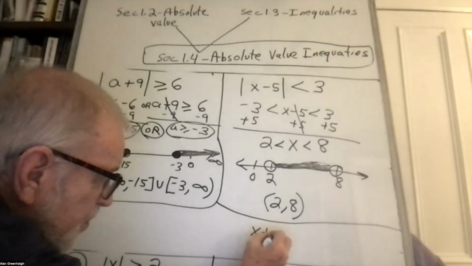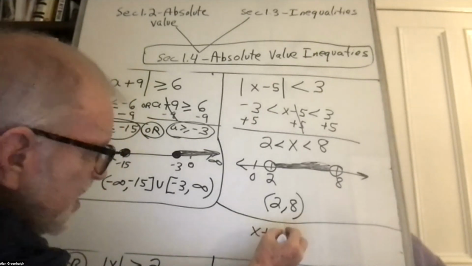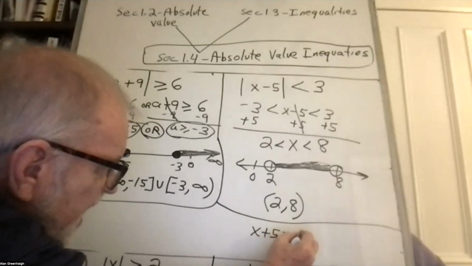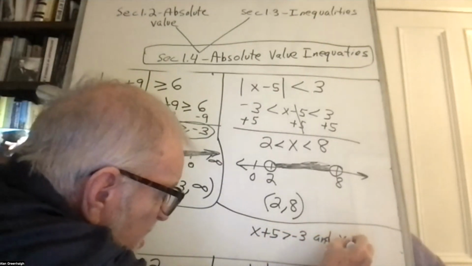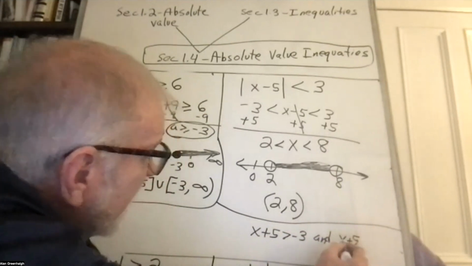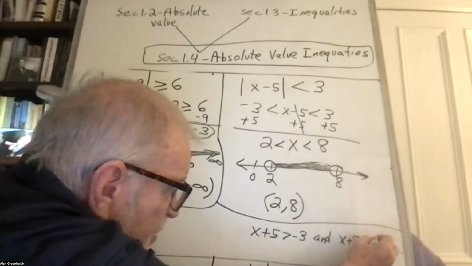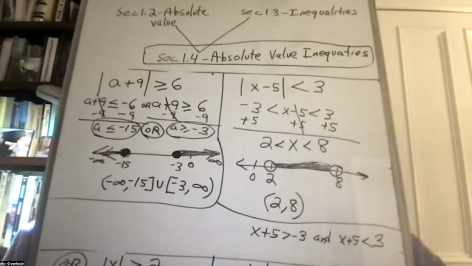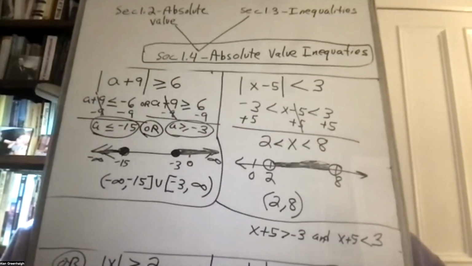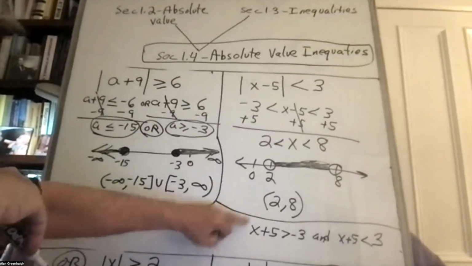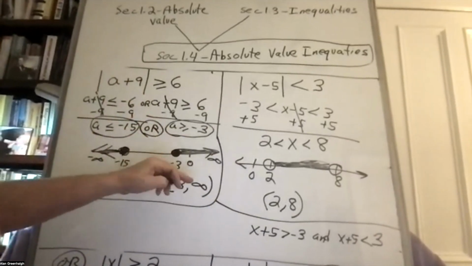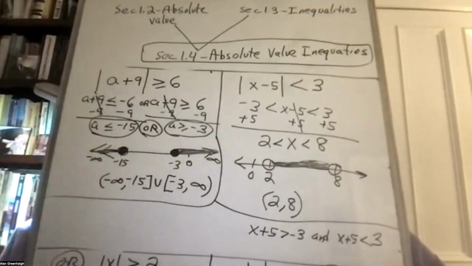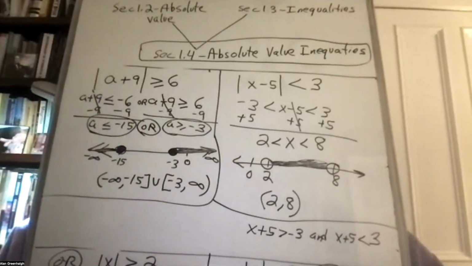You mean x minus 5 is greater than -3 and x minus 5 is less than 3. Is that what you mean? Yes. Yes, you could do it that way. That's the way we originally solved this in the previous section. And then I put them together. Okay, thank you. You're welcome.